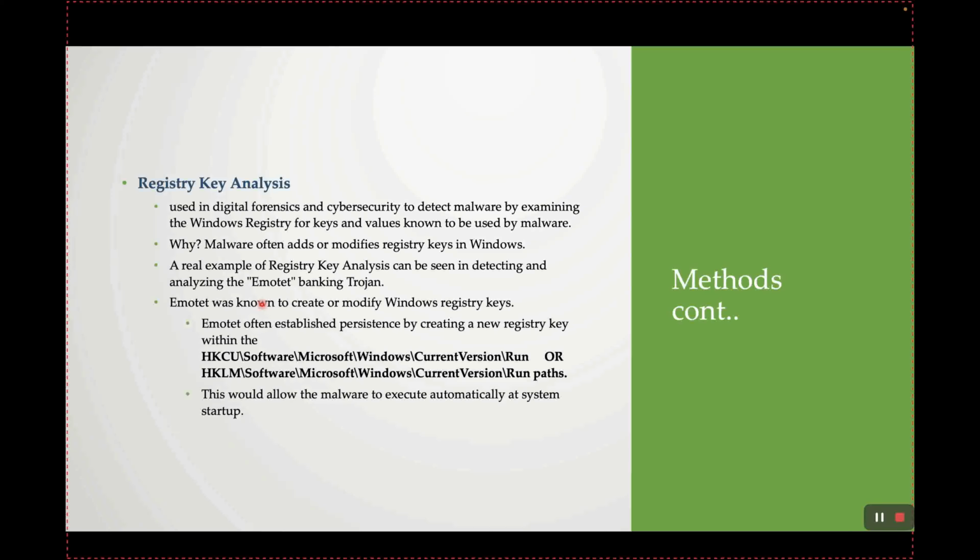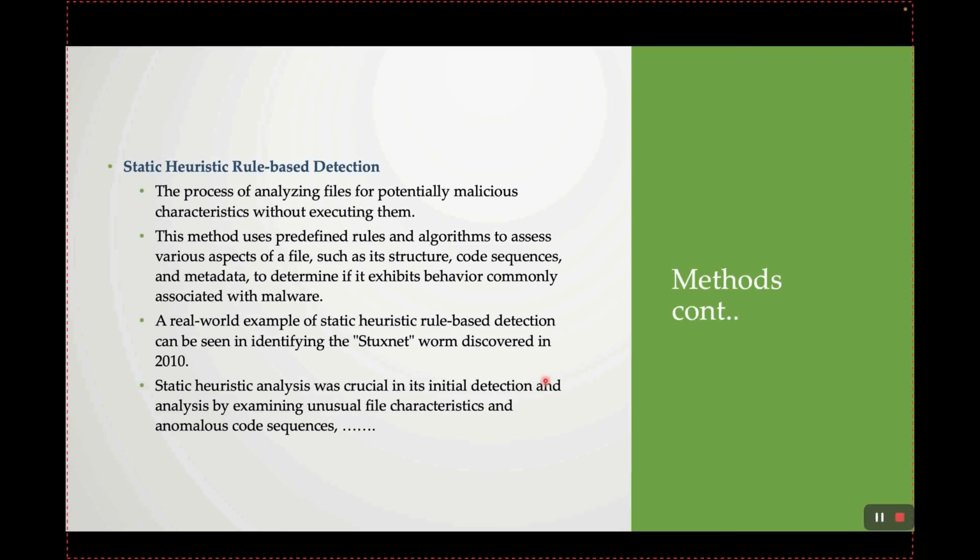This particular Trojan is known for creating or modifying Windows registry keys. If you look at this example here, it wants to establish persistence by creating a new registry key within this key inside your registry. This allows the malware to execute automatically at system startup. Even if you clean it, and you're not aware of this, you shut down the system, you turn it back on, and the malware is back in.